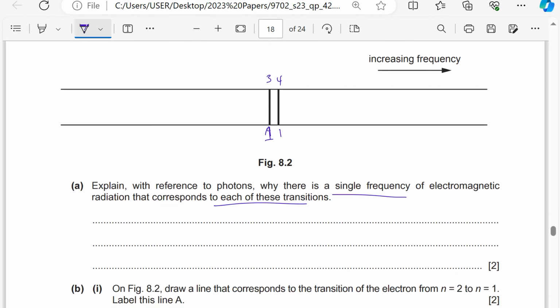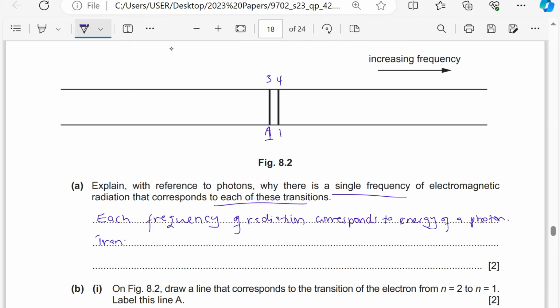So we can say each frequency of radiation corresponds to the energy of a photon.